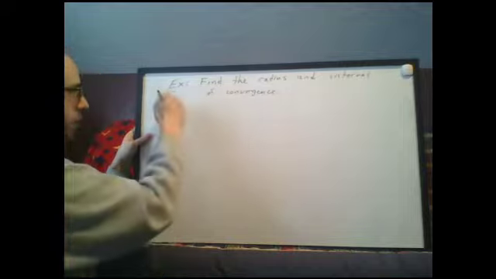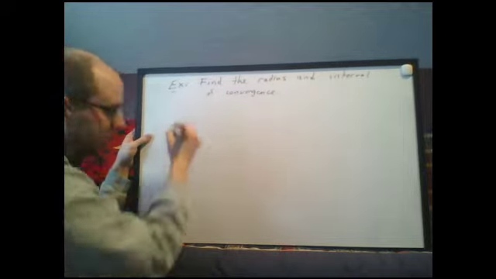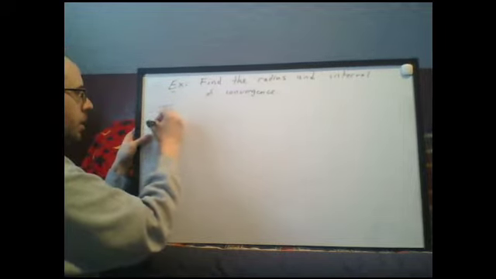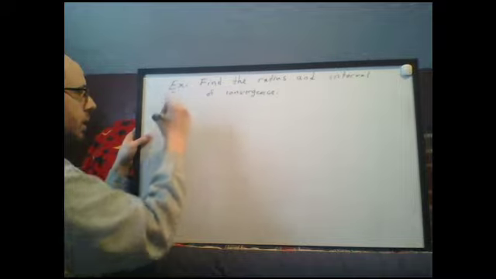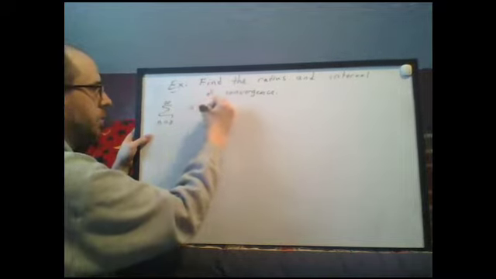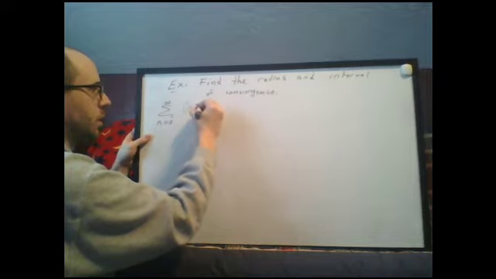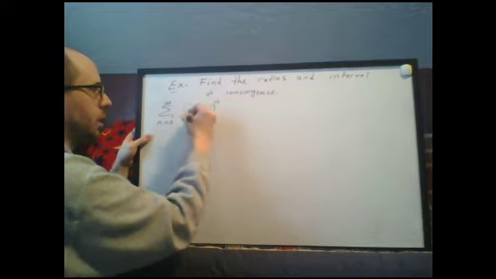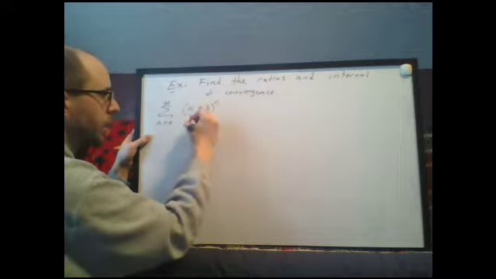Don't need to call it f of x each time. We've got the series summation from n equals 0 to infinity of (x plus 3) to the n divided by 4 to the n.